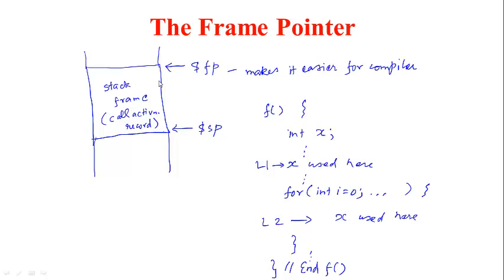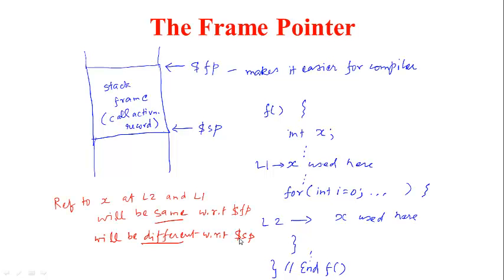So can you think of a reason why we may need this frame pointer and how it can make the job of the compiler easy? A hint is, look at this particular function where there is a local variable x. It is used at point L1 and it is also used at point L2 where another local variable I has been introduced.